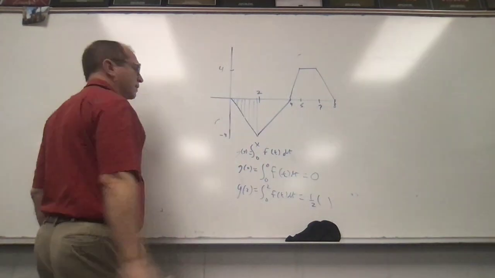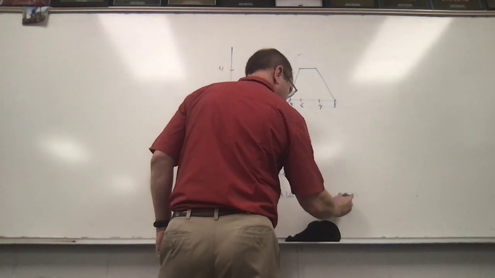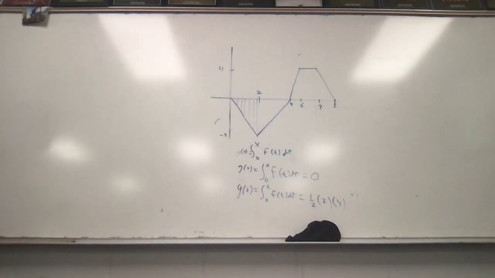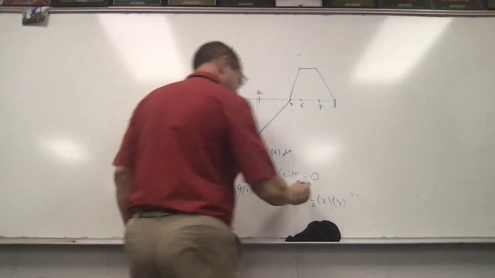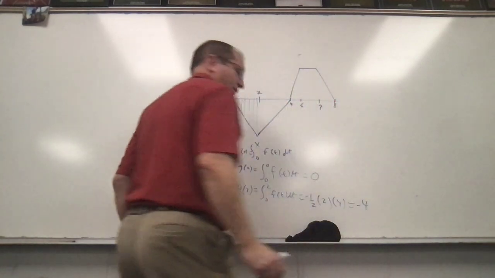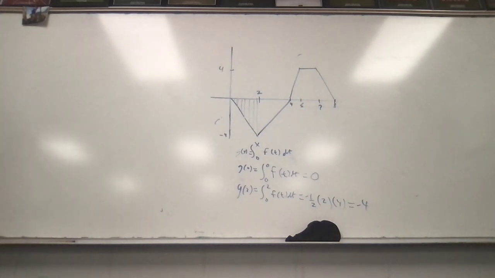What's the base here? 2. And the height is what? 4. But now, because this region is the region below the x-axis, it's going to be the negative of that value. So we end up with -4 as our solution for g of 2. Is there a question about that?